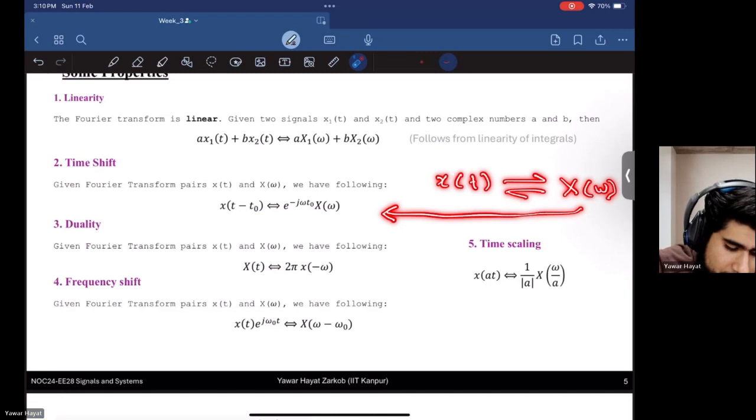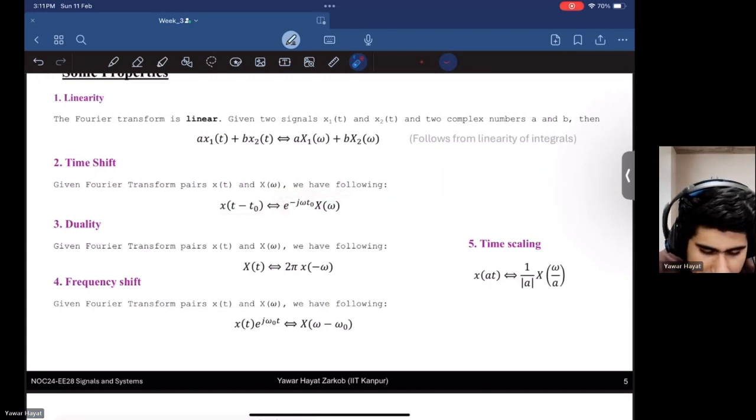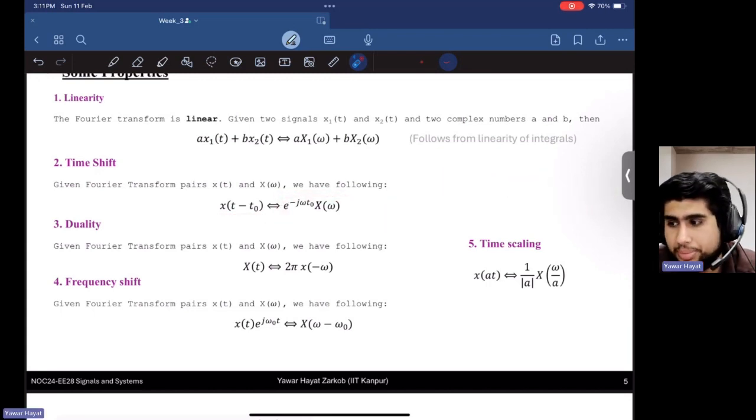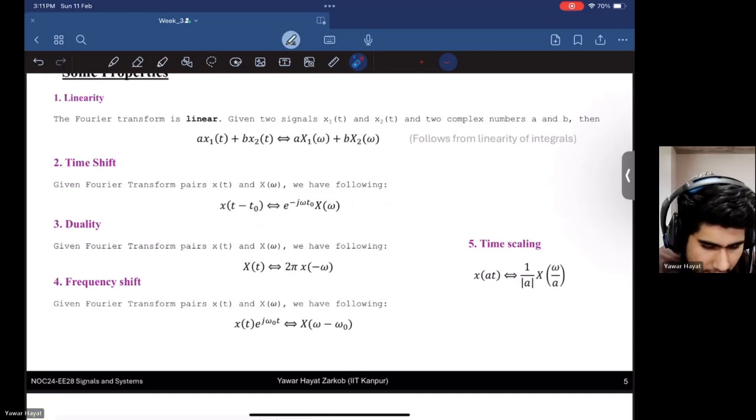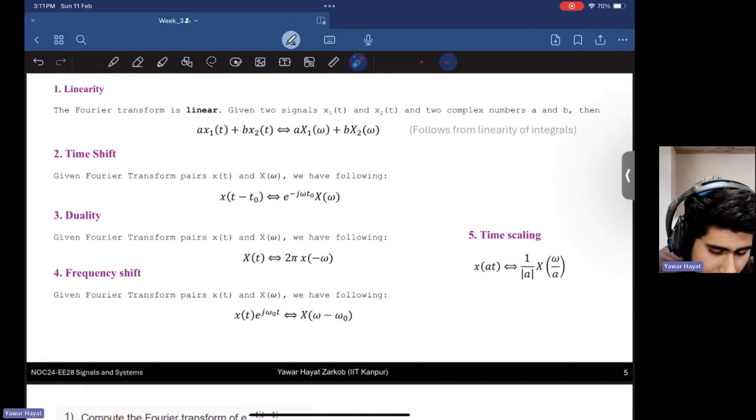If we make a time shift in x of t by t naught, then that x of t minus t naught would have this Fourier transform. Again, the proof is simple, and I hope you guys would try the proof yourselves. I'll move on to the next property, which is duality.